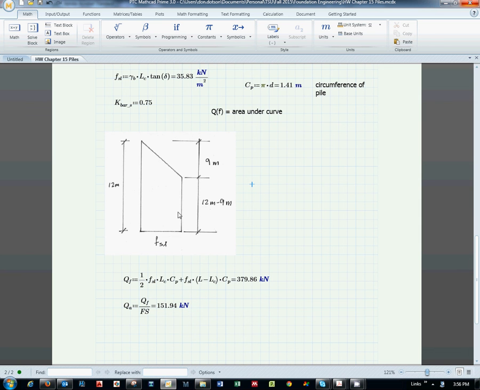And then the second part is just the area of this rectangle, which is L minus L sub C, which is 3, times the circumference times FSL. So when I put those together, I get about 380. Divide that by a factor of safety of 2.5, and the answer for the friction is 151.94.